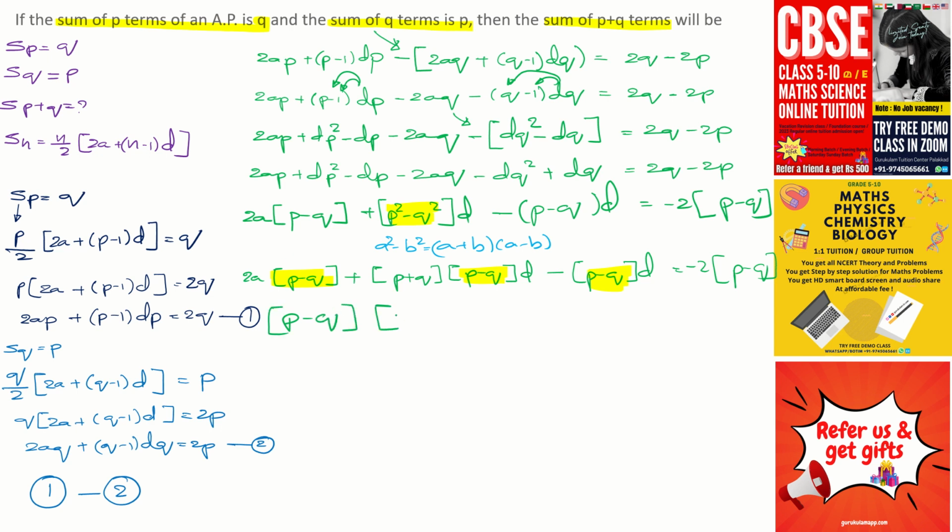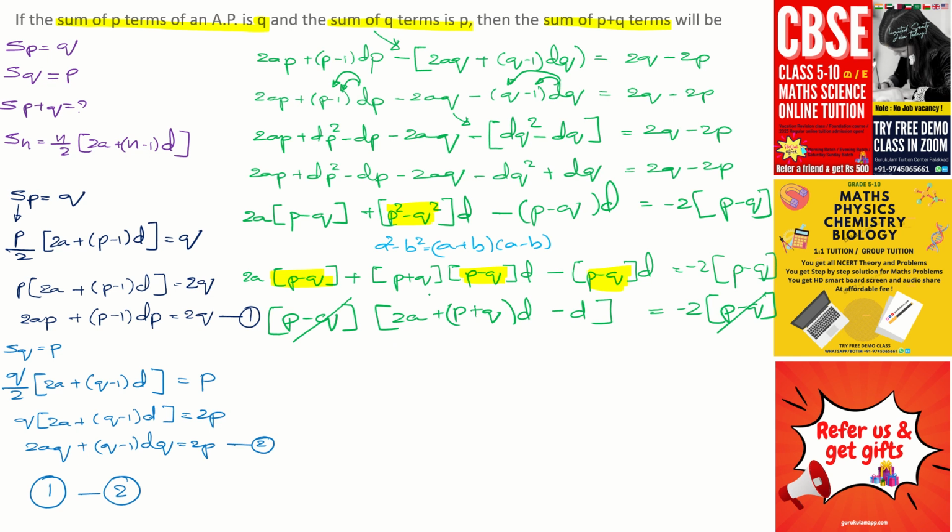The remaining value is 2a plus p plus q into d minus ad, equal to minus 2 into p minus q, right? In both sides there is a p minus q, you are cancelling them, right? Clear?